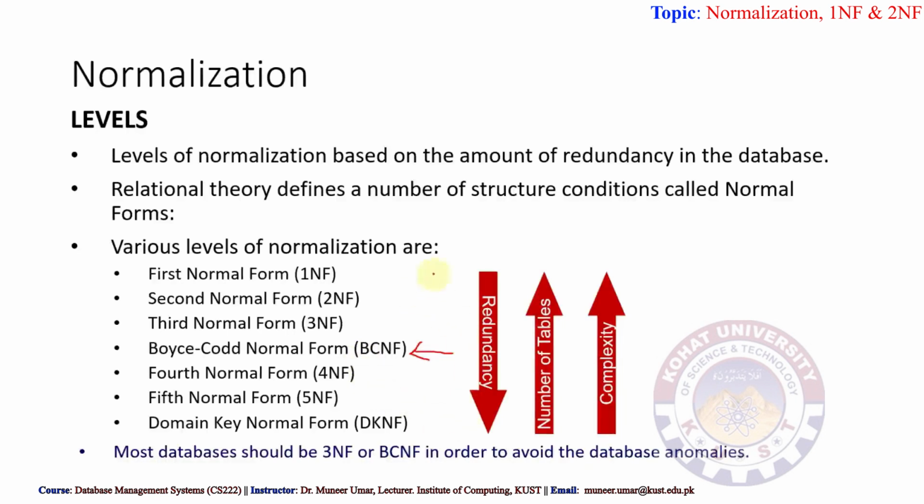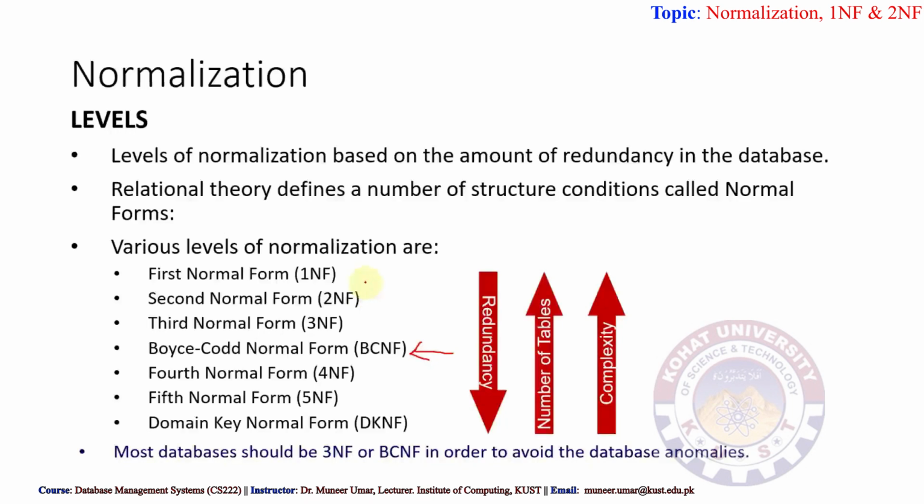in some cases we may need this BCNF. Then with each level, the redundancy level is reduced. Like in first normal form, the redundancy would be higher, and in second it would be reduced but still higher than third normal form. Similarly, when we go through these normal forms, the number of tables will also increase.